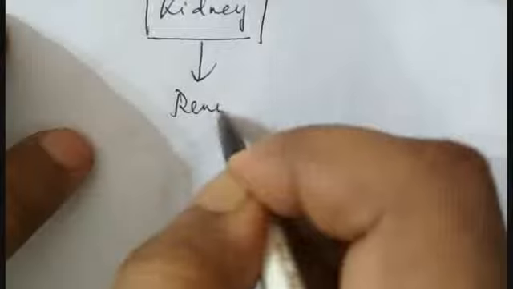I am telling you the function of the JG apparatus. Very interesting. From the JG apparatus, that is in the kidney, renin is secreted.